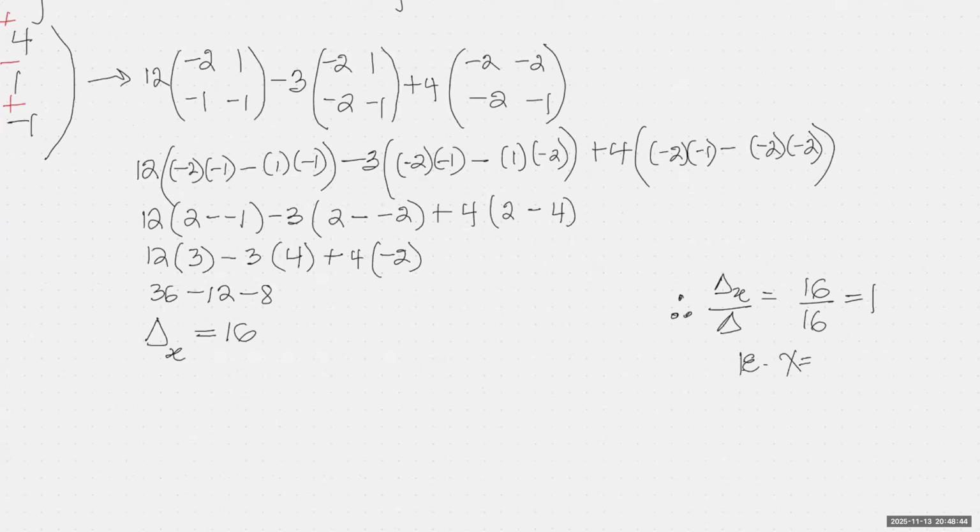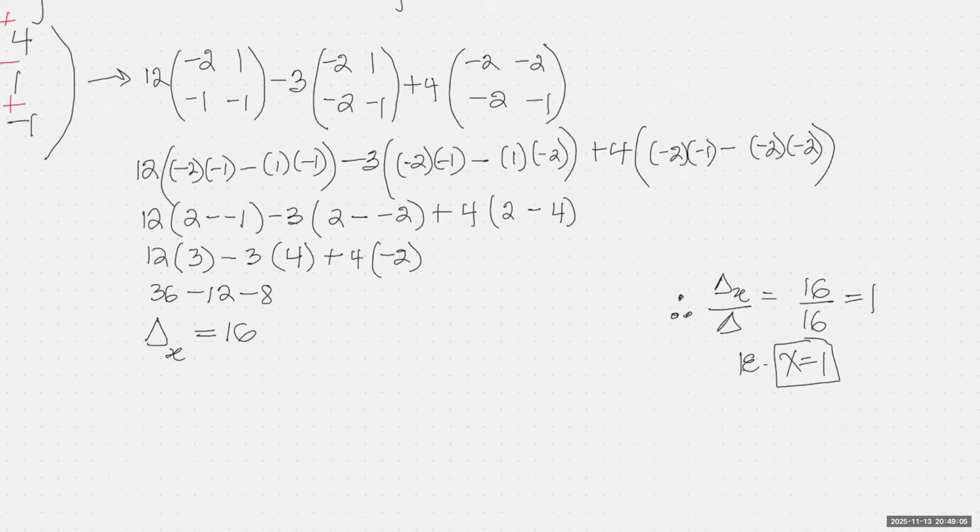So you have to make sure that you calculate all of the determinants properly. Because when you divide, the determinant of x divided by the overall determinant will give you the value of x. The determinant of y divided by the overall determinant will give you the value of y. The determinant of z over the overall determinant will give you the value of z.